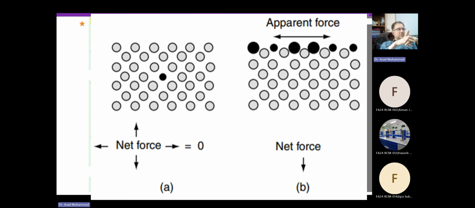So now the thing is that since these two molecules are different from each other in terms of force, if you want to bring a molecule from the bulk to the top of the surface, then that will need some work to be performed on the bulk molecule. So what you are doing is that you are pulling a molecule from the bulk to the top of the liquid.